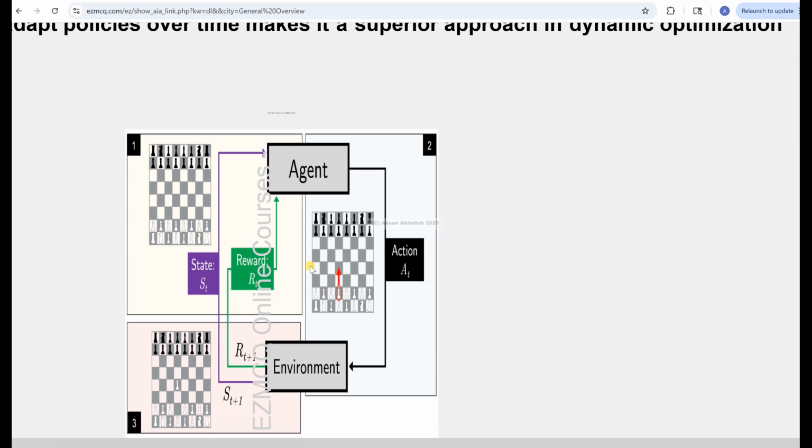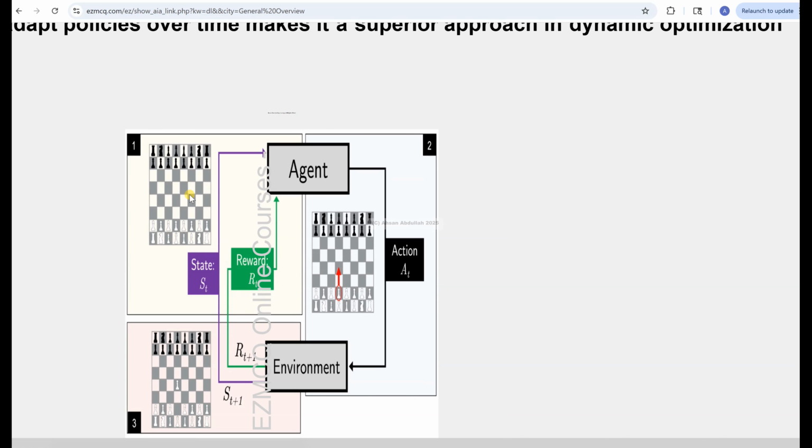So this is the chess, and of course you make a move, you take an action. If you take an action, you move this piece. I don't know chess, my apologies, so I cannot explain the benefits of this move. And then corresponding to that move, there is a corresponding state, and a certain reward also. So we have the reward and the state.